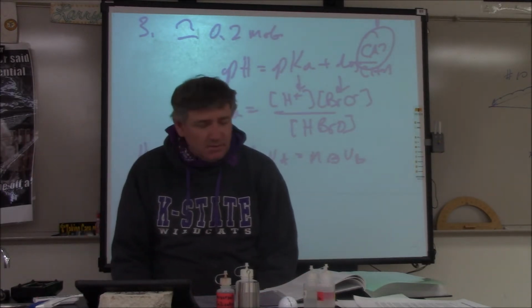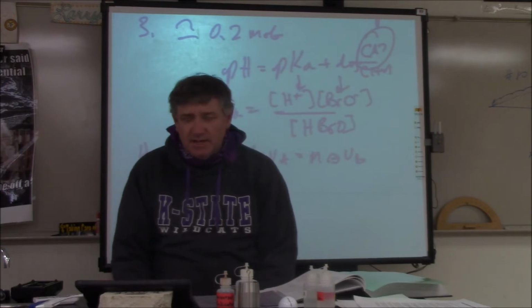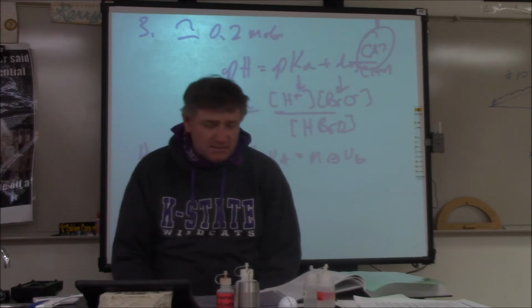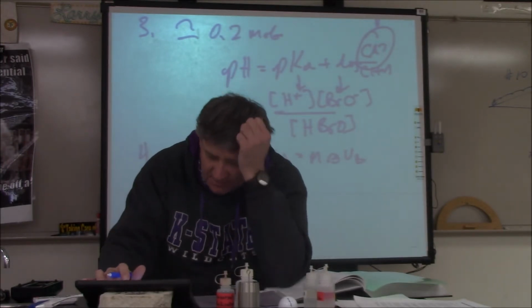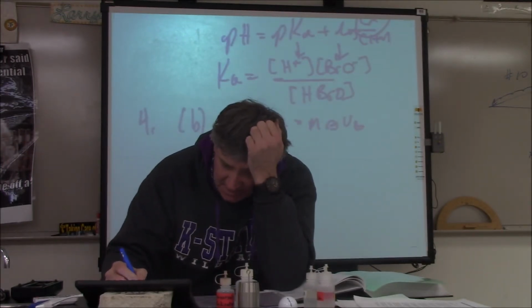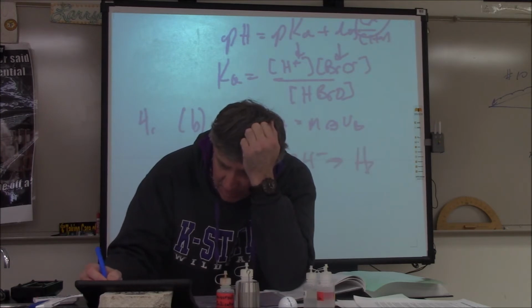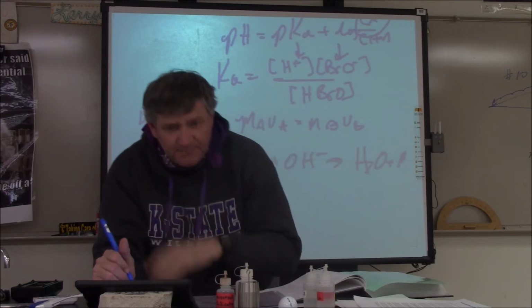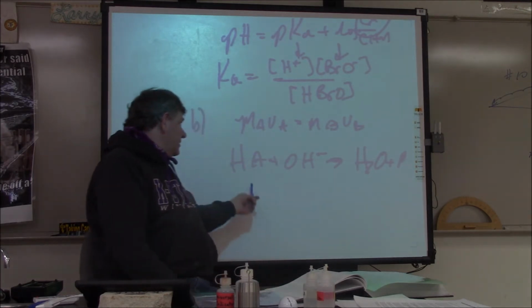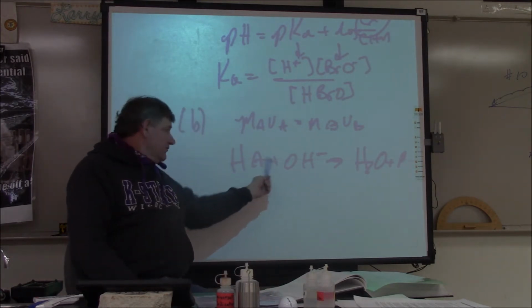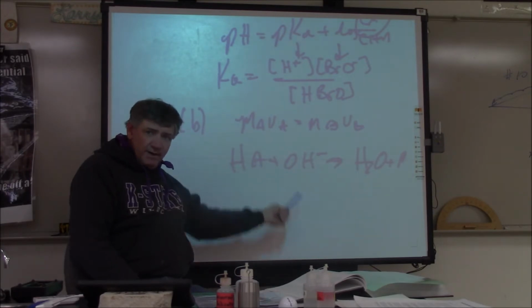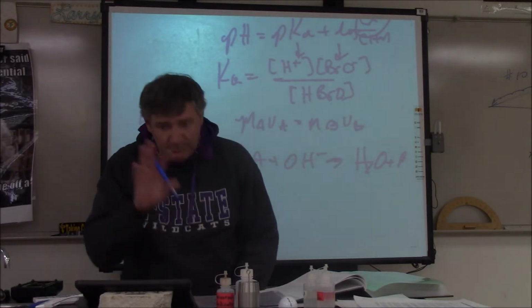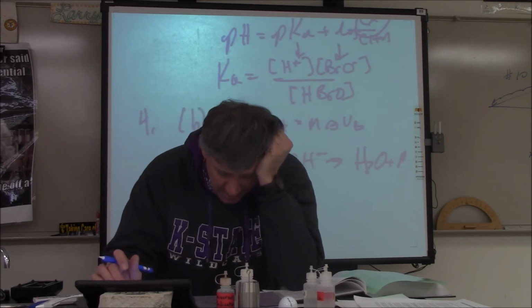Okay, so don't tell me, oh, the weak acid needs less or the strong acid needs more. It's a function of the fact that if you look at that equation, at the end of the day, it's some acid reacting with hydroxide to get water and that salt. So if you have 10 millimoles of acid, it's going to take you 10 millimoles of base to neutralize it no matter what. Okay? So there's that.